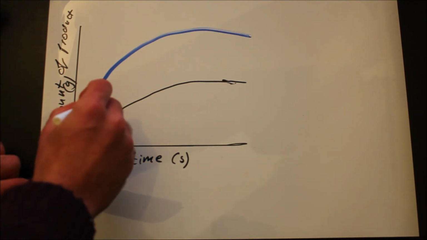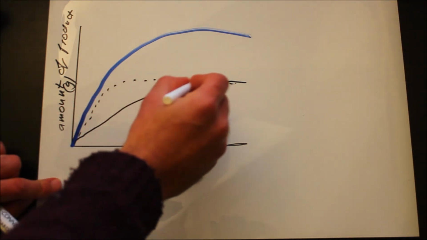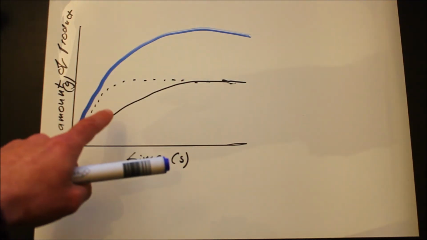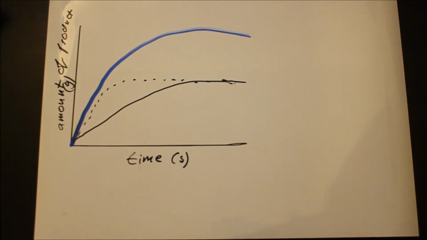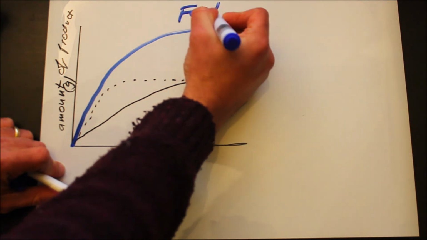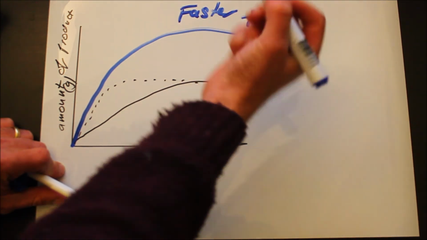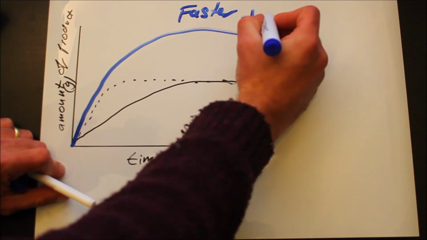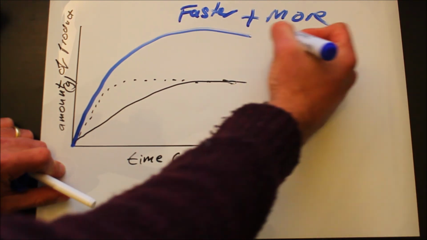So I'll draw a dotted line like this. And again, this reaction is happening faster. So blue is fast, or faster, plus, a really bad pen, sorry, plus more product.